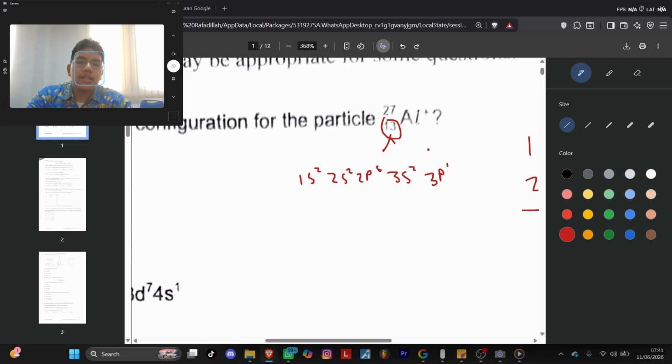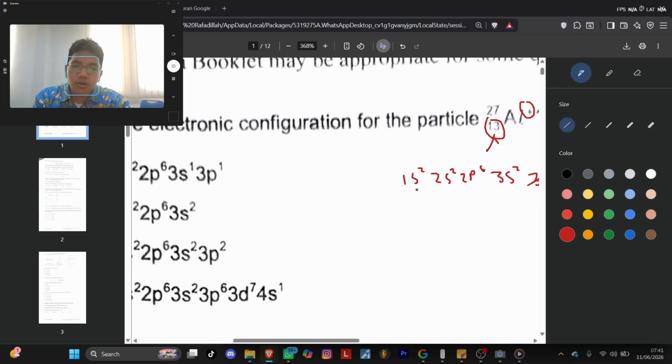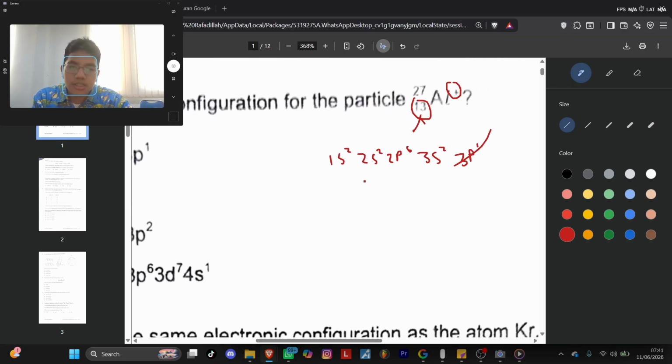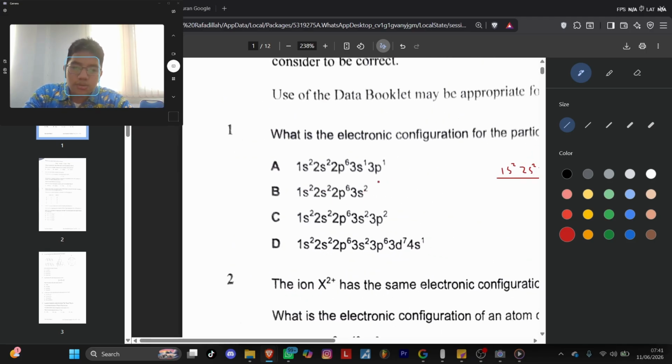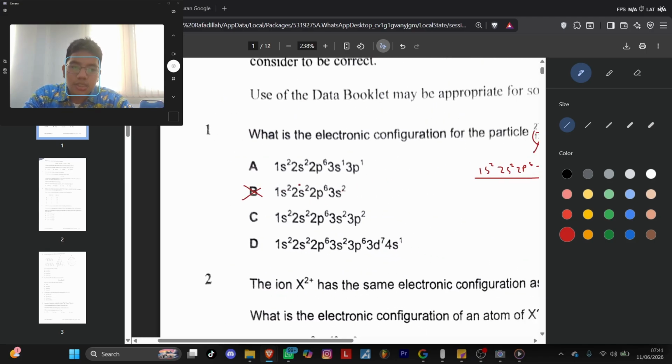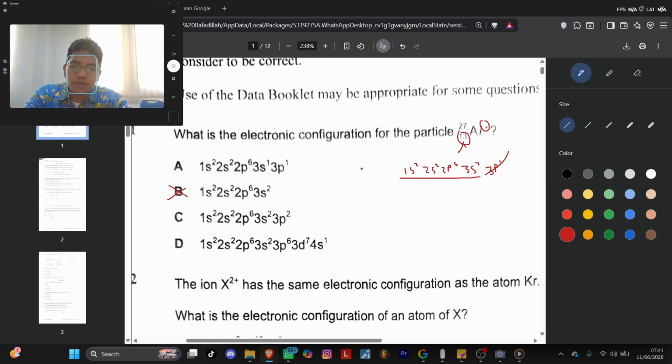Because here we have a plus, that means one electron gets removed. So we just need to delete 3p1 because it has one electron. So Al plus is just left with 1s2, 2s2, 2p6, and 3s2. So we can see the answer is B because it's similar to what we have done.